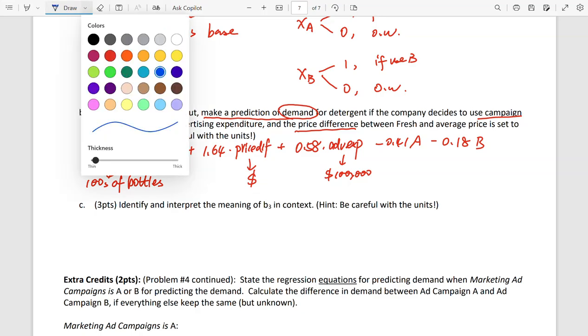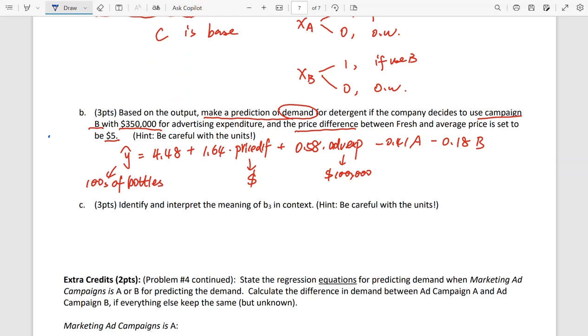Let's plug in the values for each. So what is the price difference? We say the price difference between fresh and the average price is set to be $5, so just plug in 5. And then what about the advertising expenditure? We use $350,000, right?